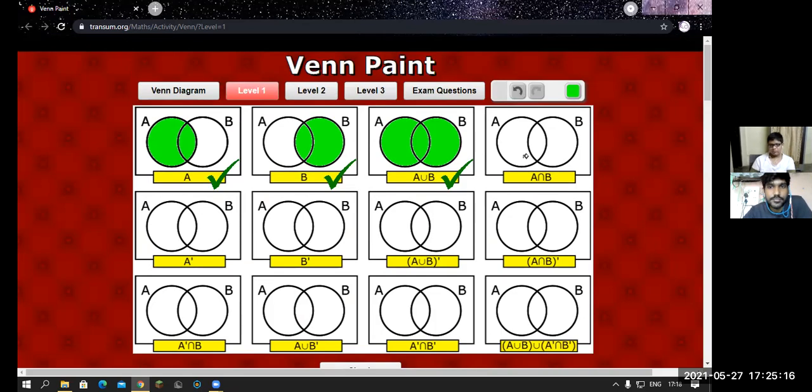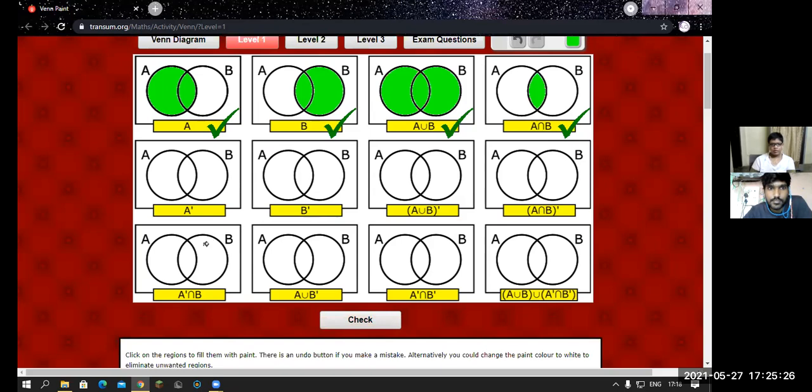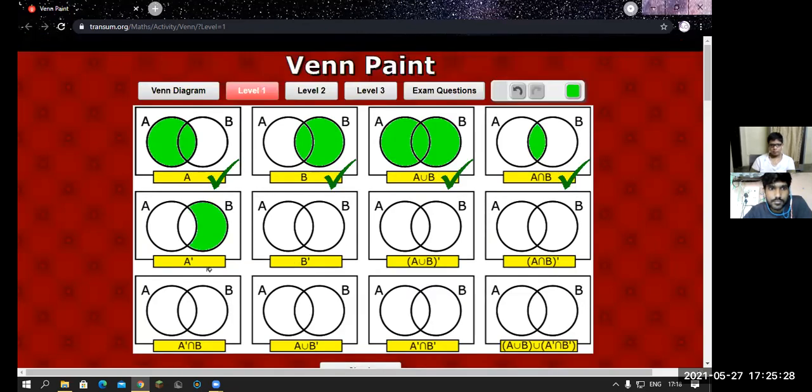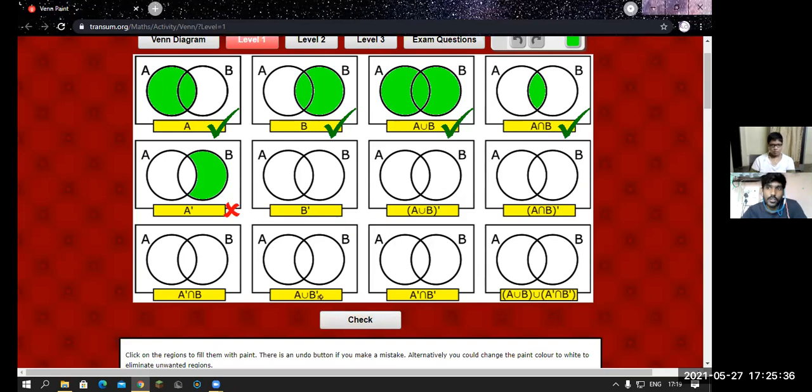Third one is A complement. Why have you got it wrong? Because A complement is everything outside A. So outside A, the universal set is also there. Oh, yes.